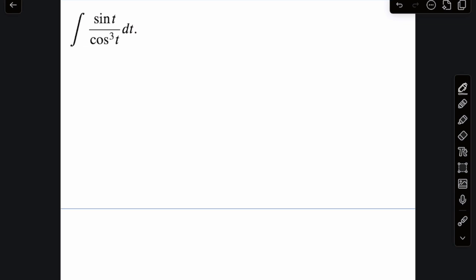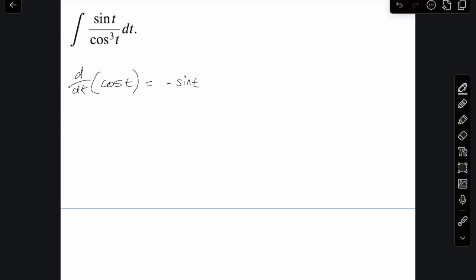Now, we know that the derivative of cos t, okay, is going to equal minus sine t, right? And that gives us a little hint here, because that means that we've got a u and we've got a du by dt we can find.